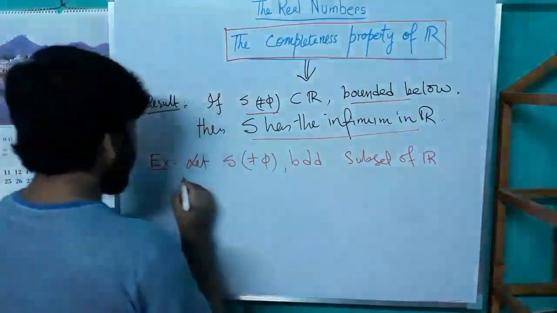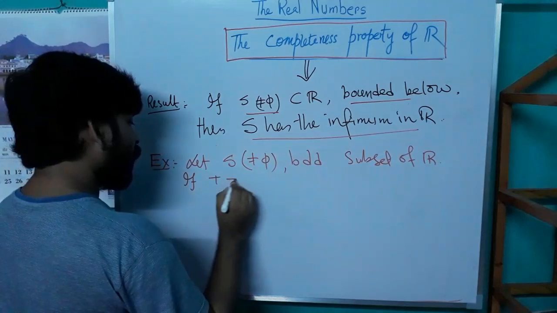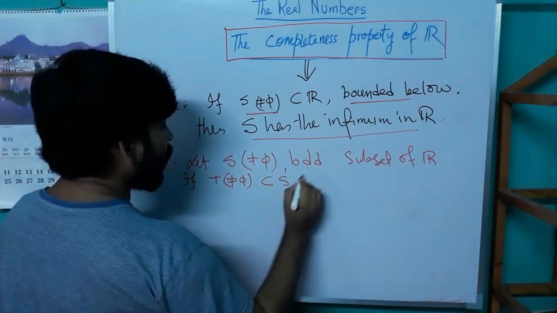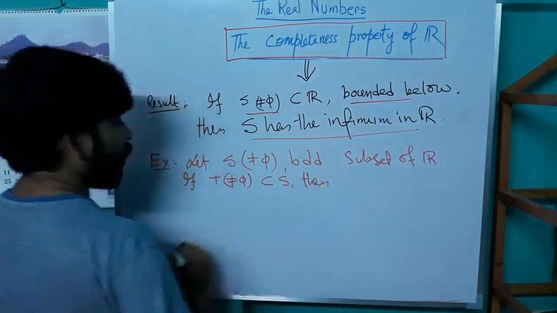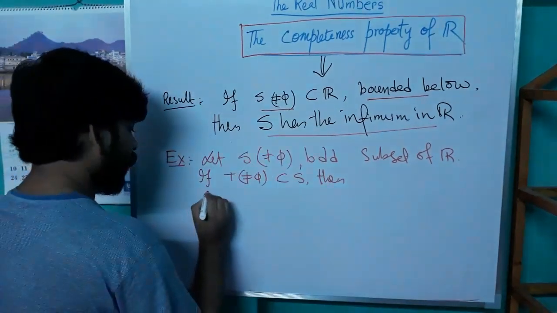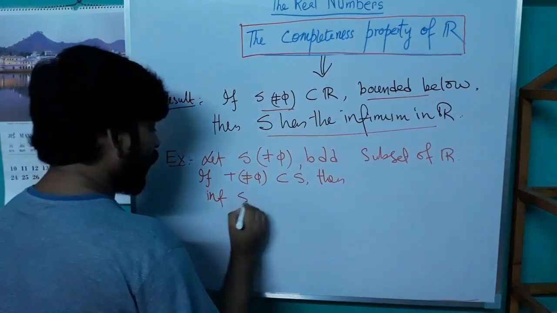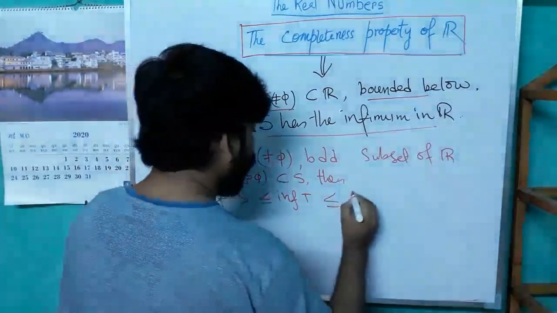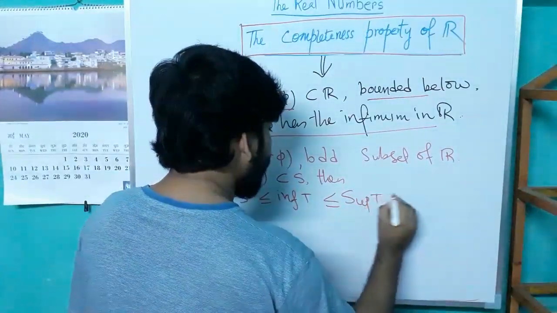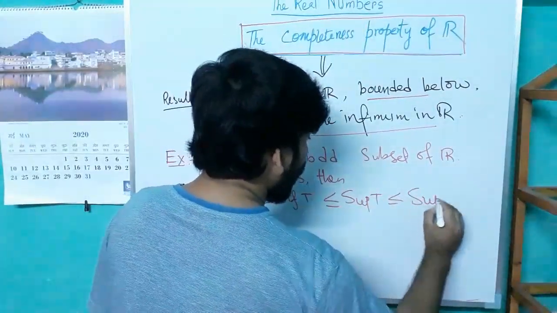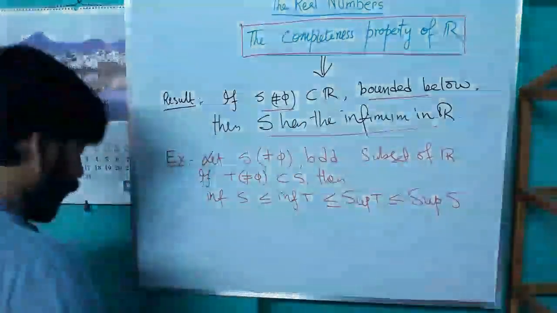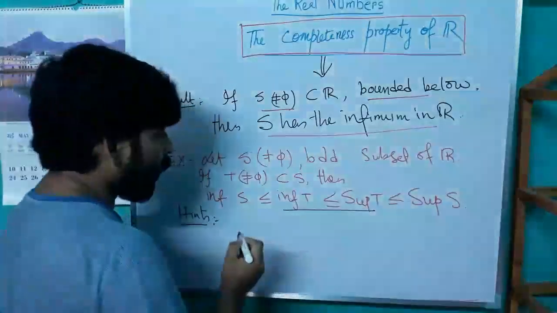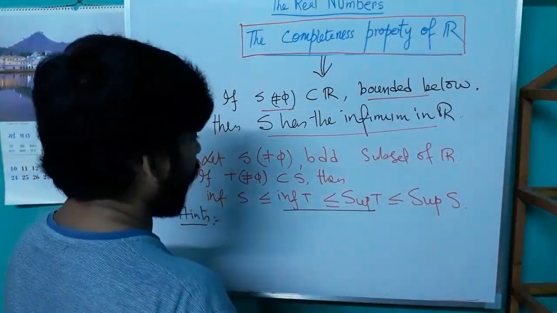If T is a non-empty subset of S, then the infimum of S is less than or equal to the infimum of T, which is less than or equal to the supremum of T, which is less than or equal to the supremum of S. So this part is obvious, that is, the infimum of T is less than or equal to the supremum of T.